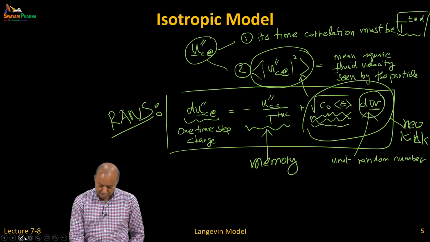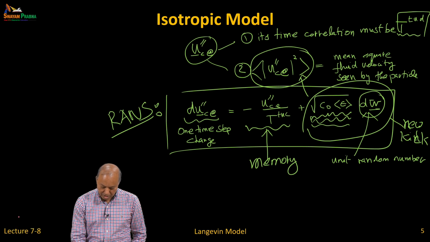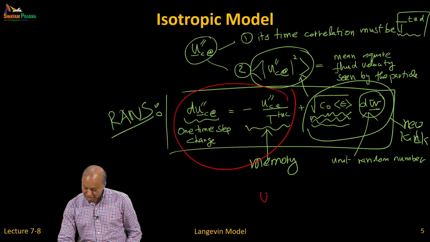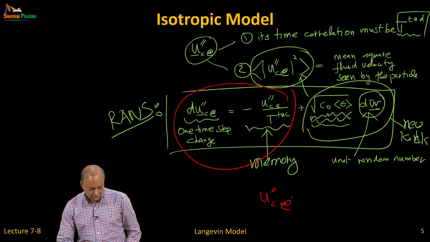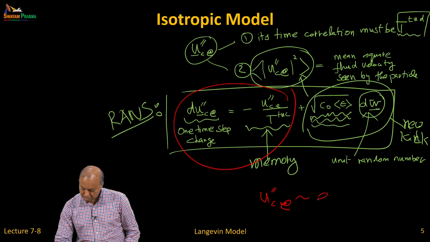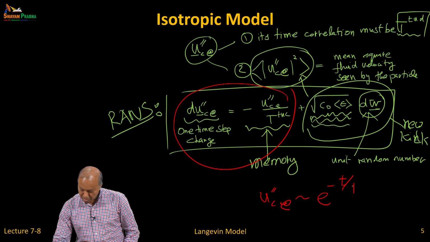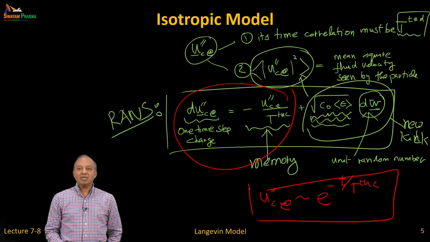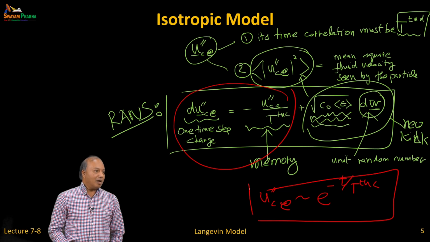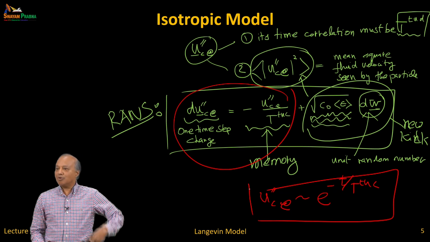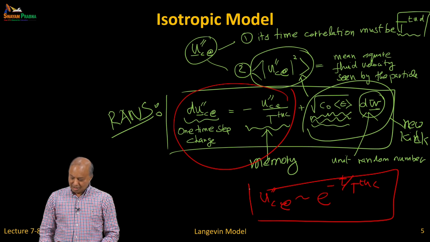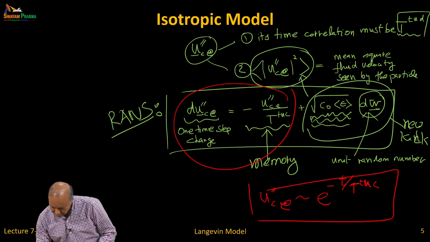Why so? If you only solve this equation, you will find that if you don't give any kick, the equation that you solve is that u double prime will decay exponentially with the time scale, this T_UC.